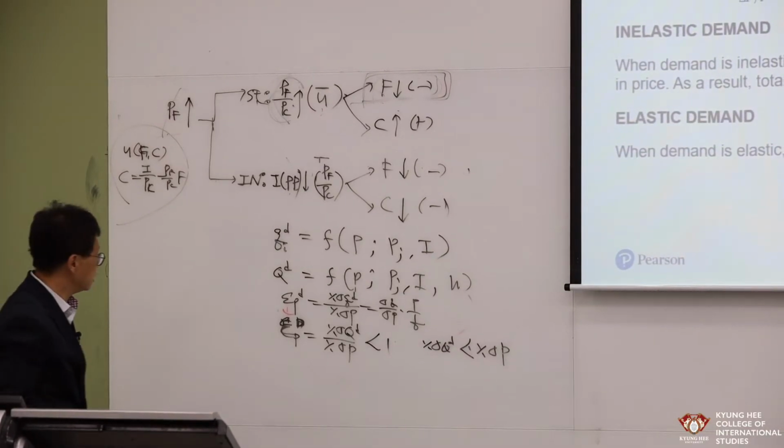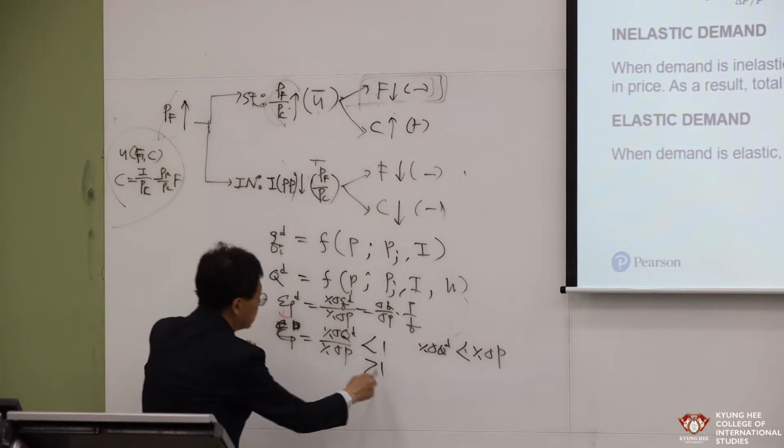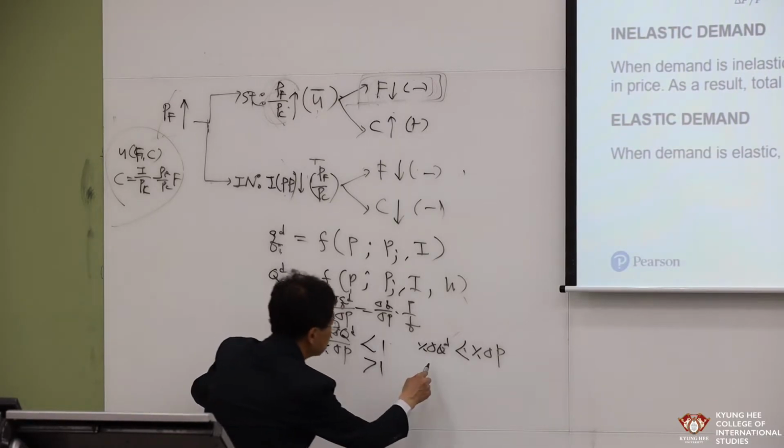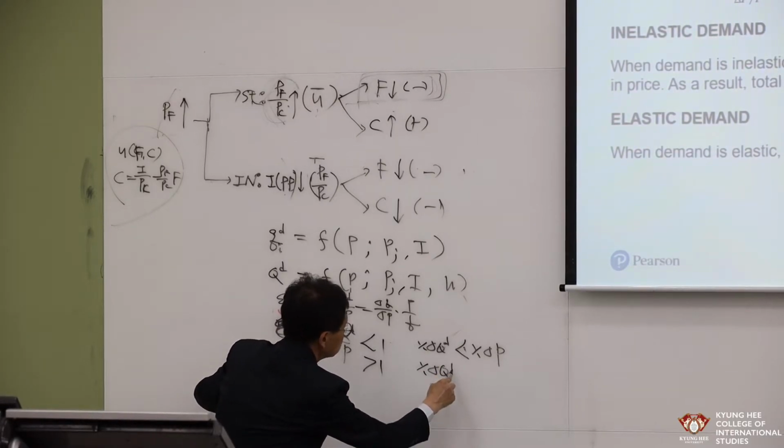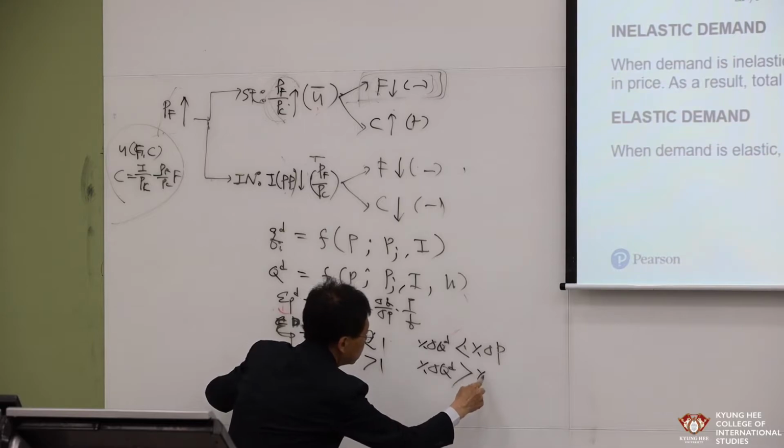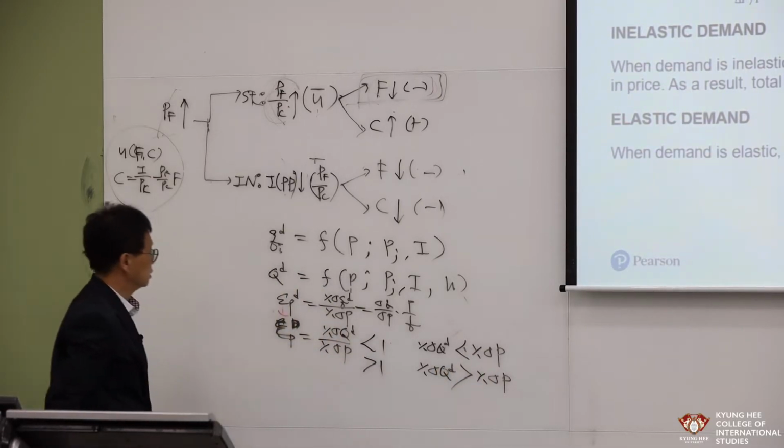An elastic demand curve means elasticity is higher than 1, so the percentage change in quantity demanded is greater than the percentage change in price.